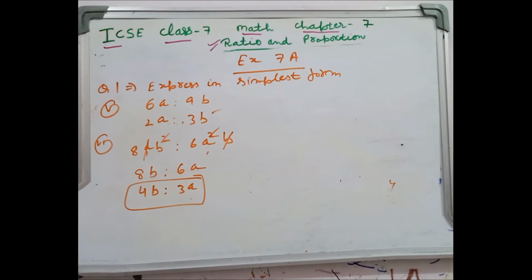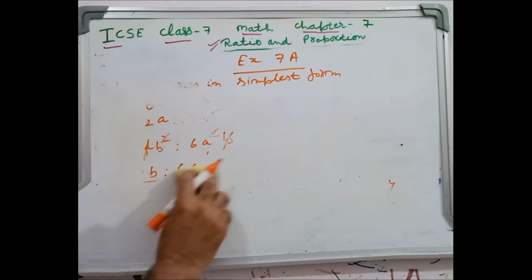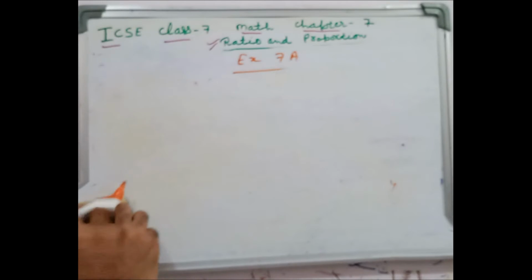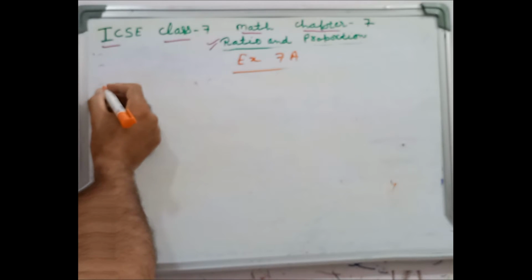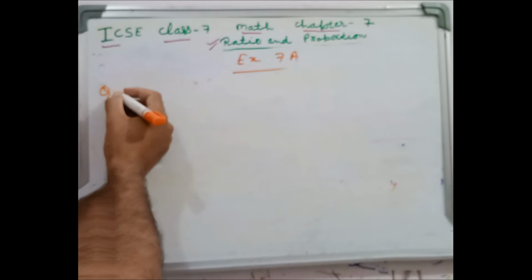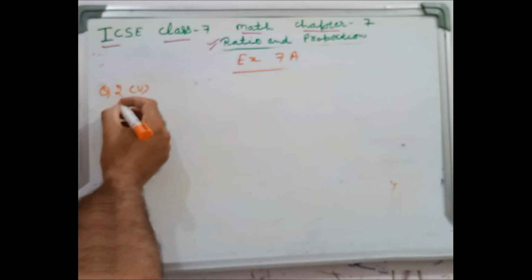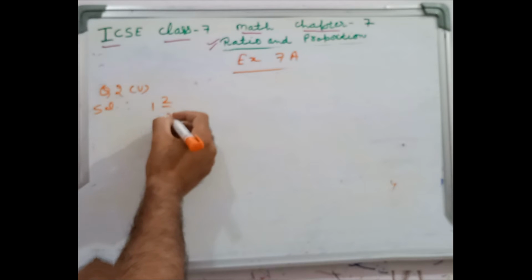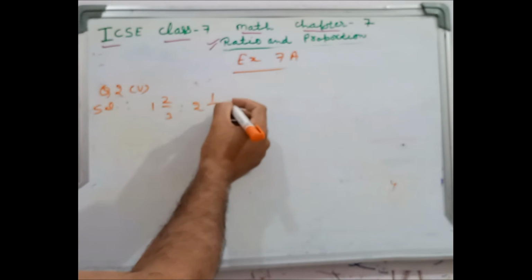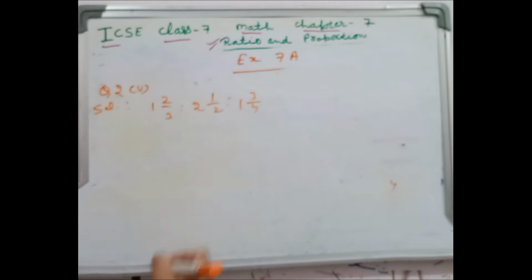Now we will move on to question second. Though I have done it in question first, yet I am solving part fifth of it here: 1 2 by 3 ratio 2 1 by 2 ratio 1 3 by 4.